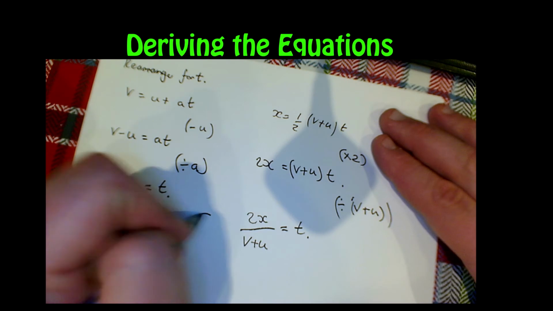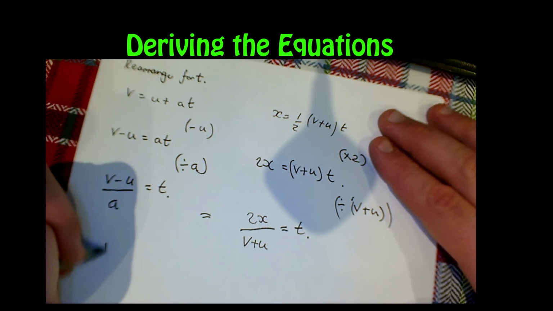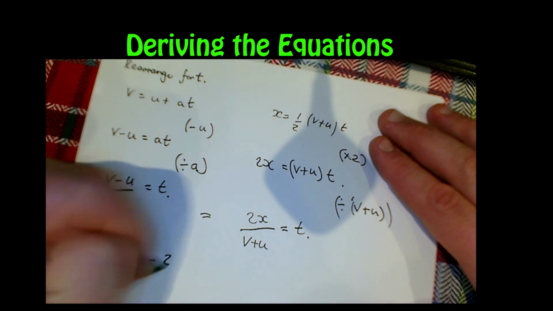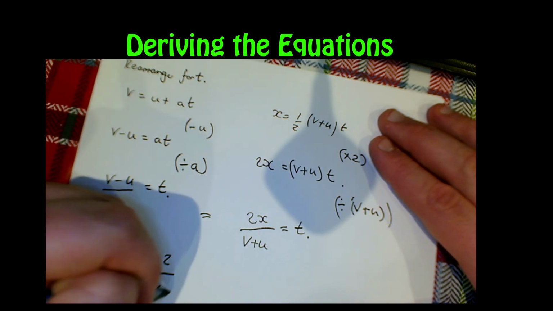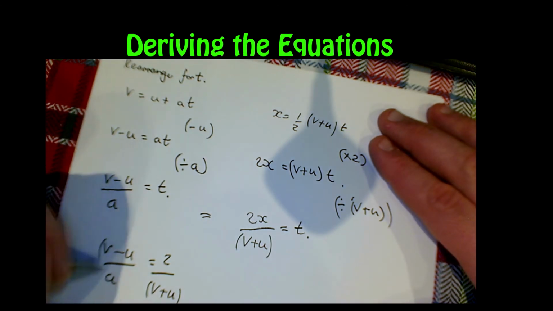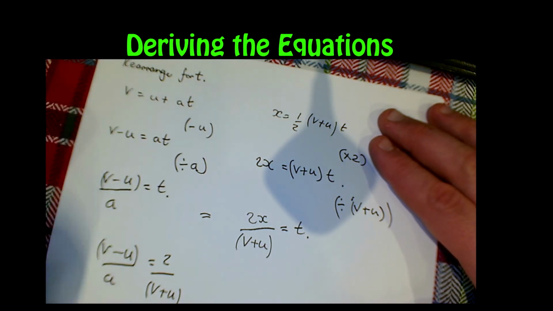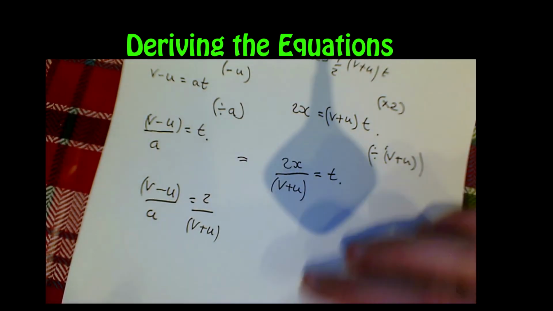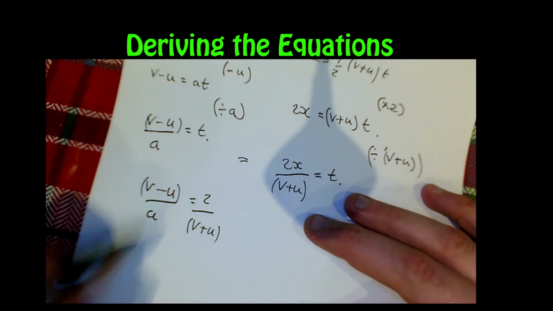Okay, now we make these equal to each other. So I get (v minus u) over a equals 2x over (v plus u). Let's try and keep these brackets in for completion. Then going to try and get my v's and u's together.